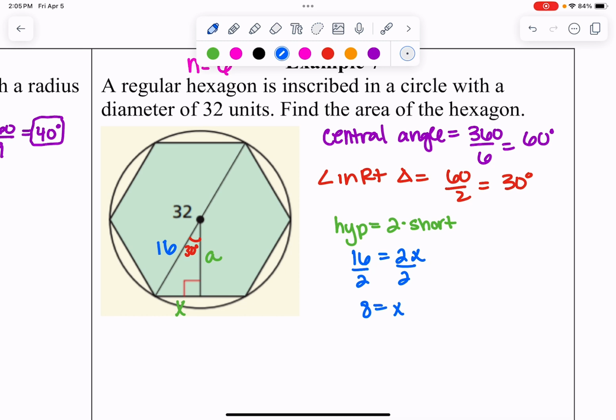X is half of a side. So if I want a whole side, I'm going to multiply that by 2. So 8 times 2 is 16. And then if I want the perimeter, there's 6 sides here, so I'm going to take 6 times 16, and that's 96.